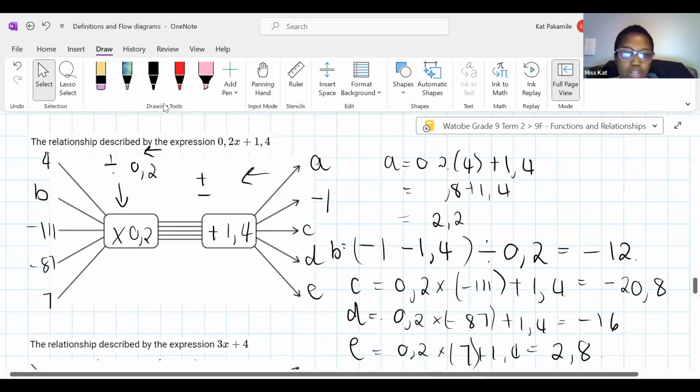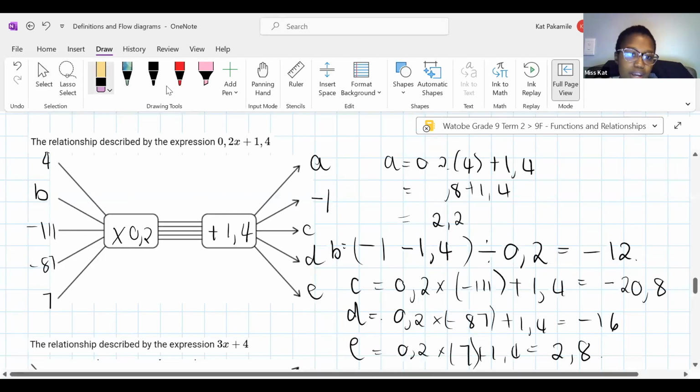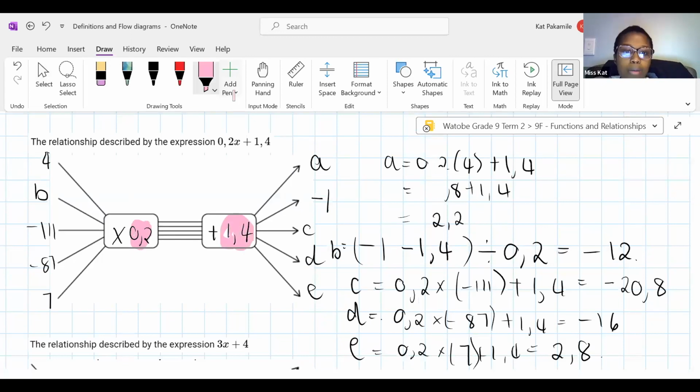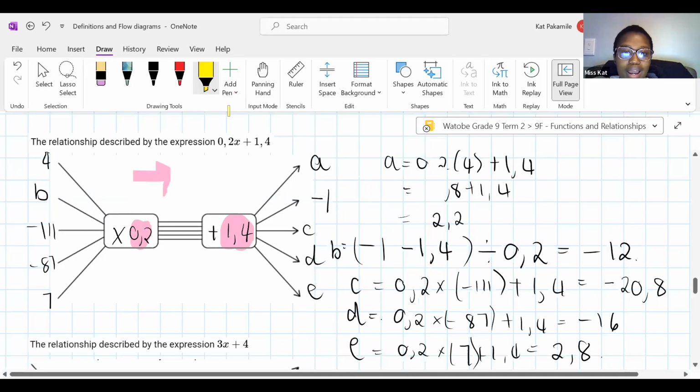Okay. So Tukelo, look carefully. When we're going forward in this flow diagram, we first multiply by 0,2 and then we add 1,4, right? That's going forward. Let me draw the forward arrow. Yes, ma'am. But now we are starting on the left side, right? We're starting with -1, so we have to go backwards, okay?